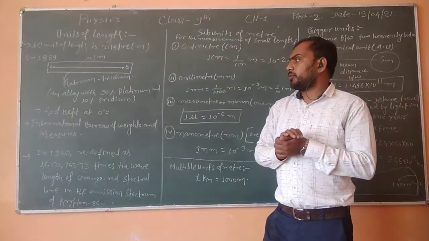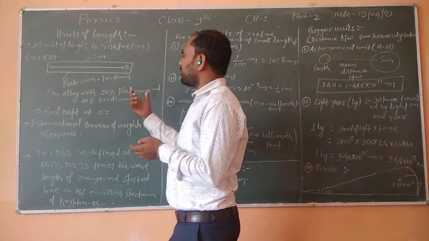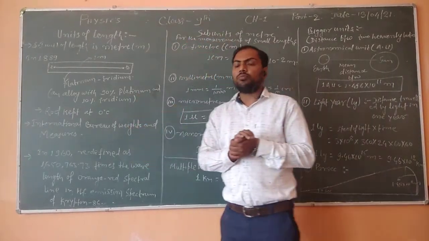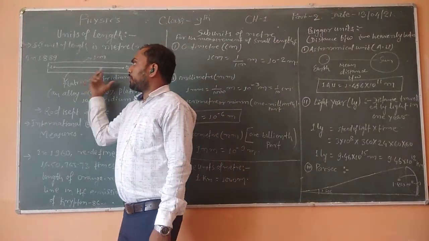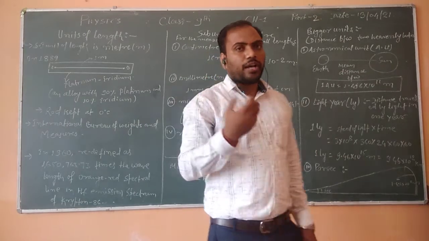This plate is made up of two metals, platinum and iridium, and a mixture of two metals is called an alloy.